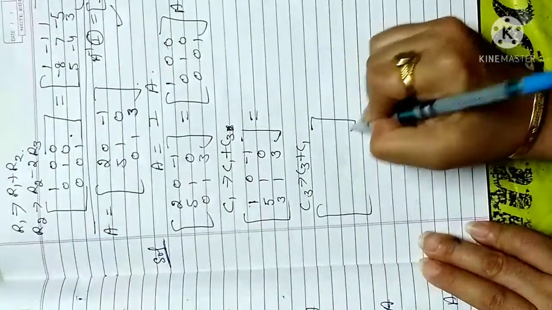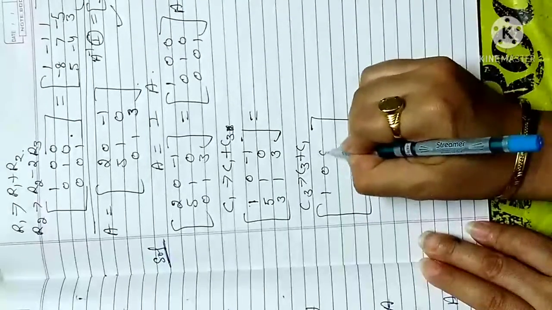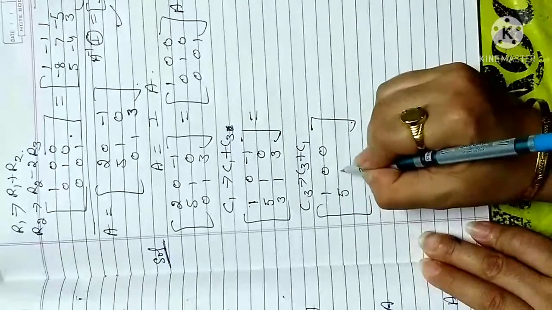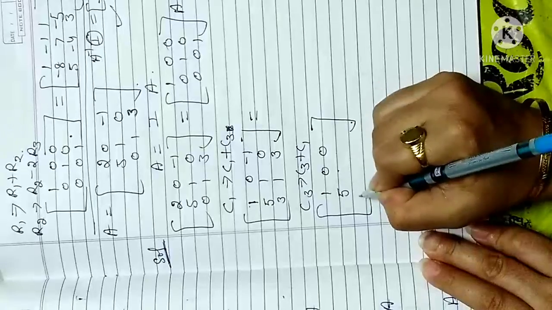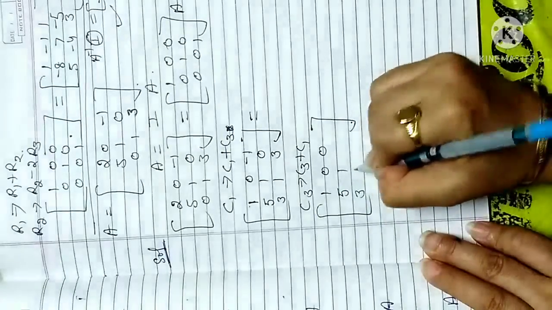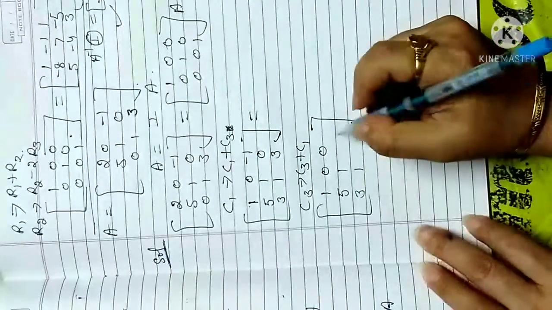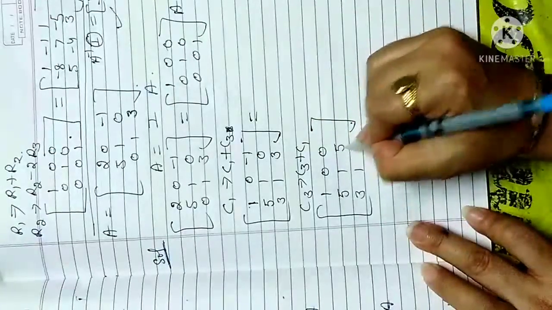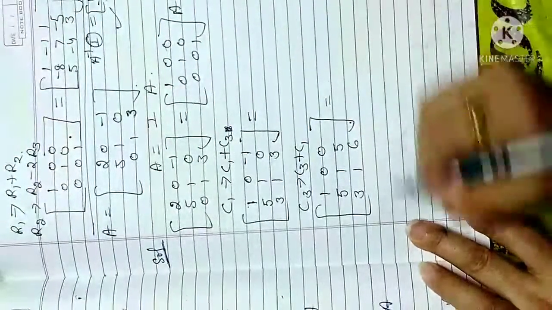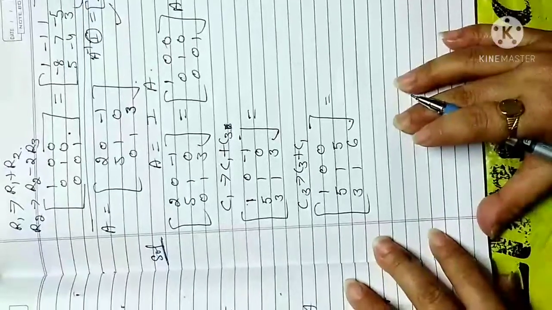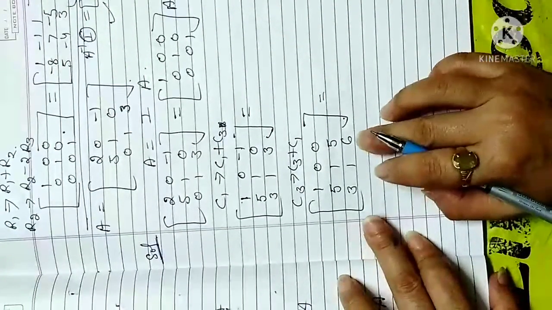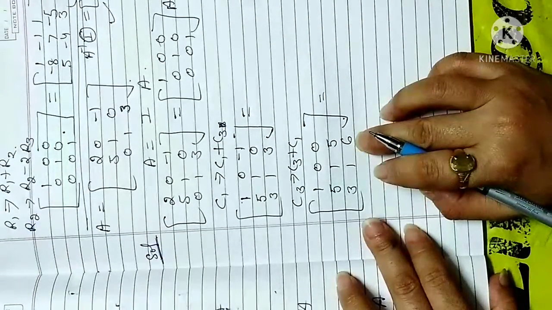So what it will be, that is 1 0 0 5. This column will be written as it is, and only changes in the third column, so that is 5, and 3 plus 3 give me 6. Okay, now my next operation is again changes in column 3.